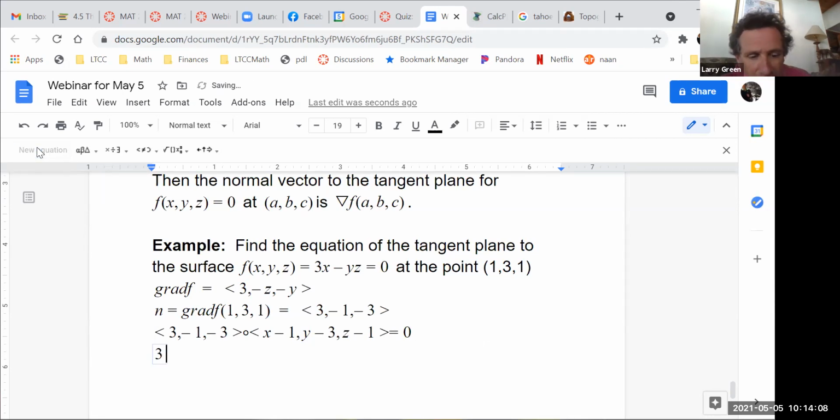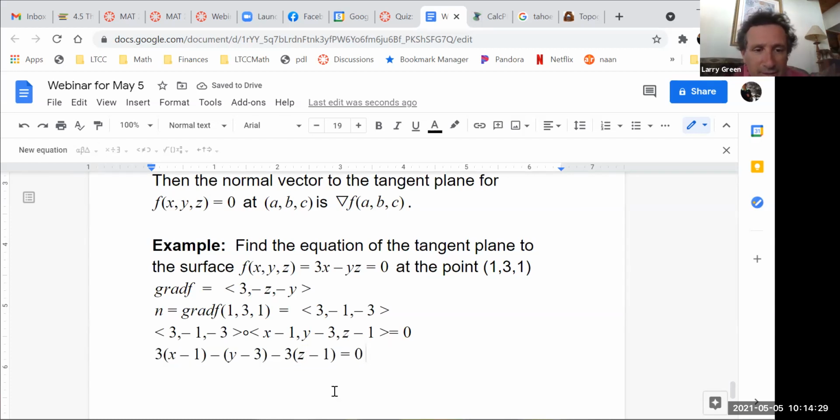So we get 3(x minus 1) minus (y minus 3) minus 3(z minus 1) equals 0. Okay, and that is the equation of the tangent plane.